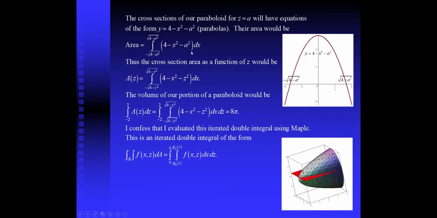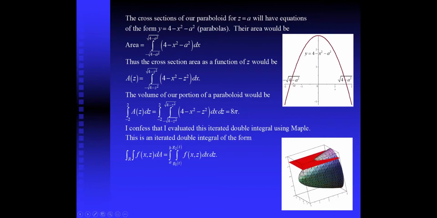We want to look at the cross-sections as parabolas with z equal to a, being the plane intersecting my paraboloid here in these parabolic cross-sections. And for z equal to some number a, the actual area would be the area of this thing pictured here.